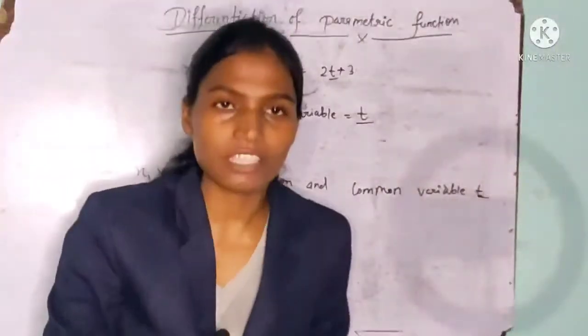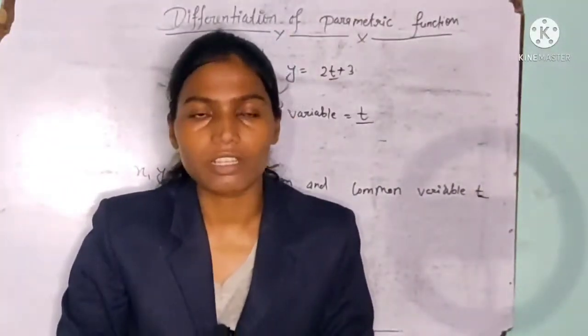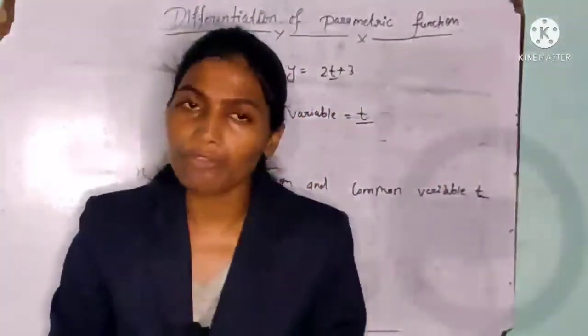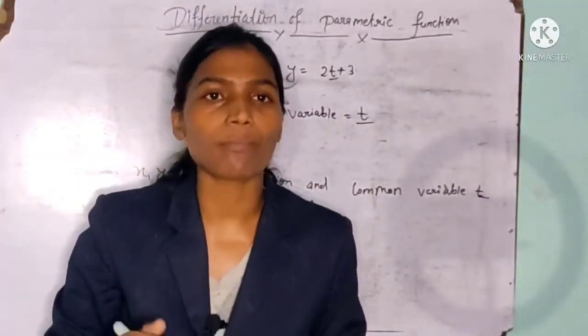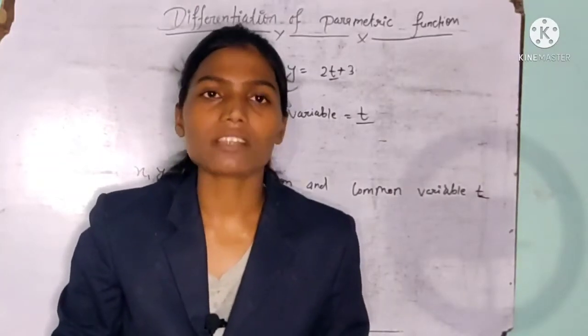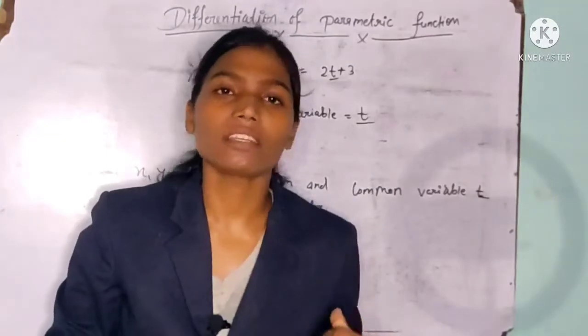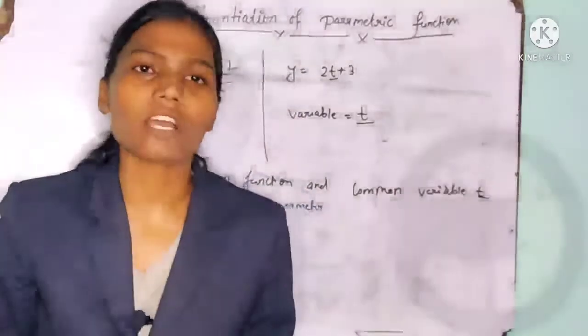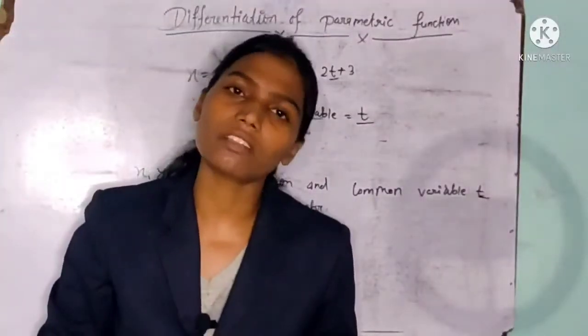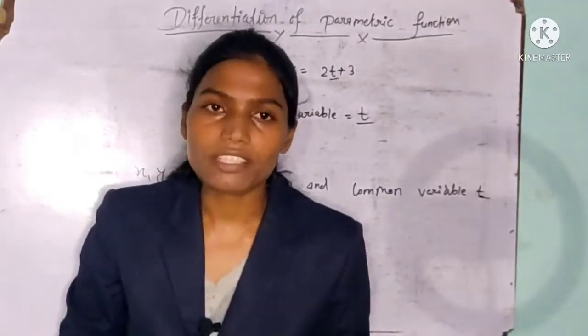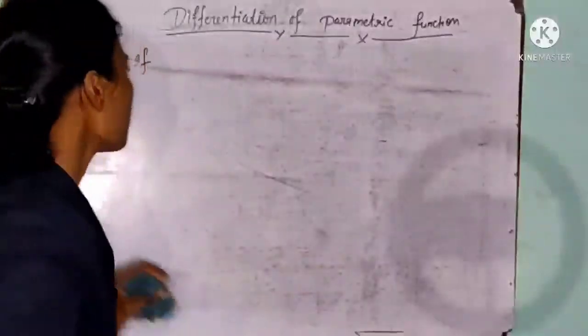I hope you understand what a parametric function is. Here t is the common variable of both functions, so that is called a parametric function. Next, in this session we learn how to find the derivative of a parametric function. Let's start with an example, then we can understand clearly how to find the derivative of a parametric function.